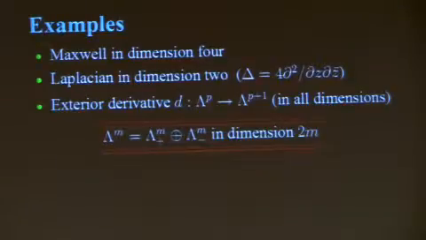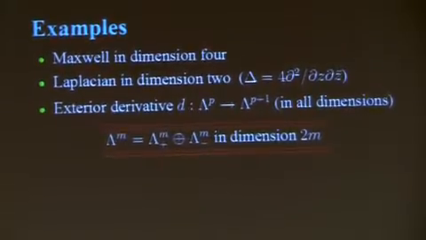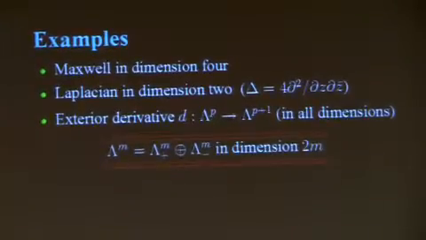So this process generalizes, and these are the two eigenspaces of the star operator in dimension 2m, and like the Laplacian in dimension 2, you can also think of it as d star d. So all of these are invariant for sort of fairly elementary reasons.